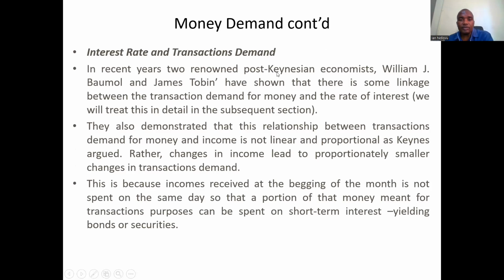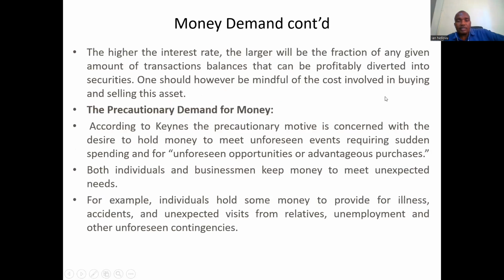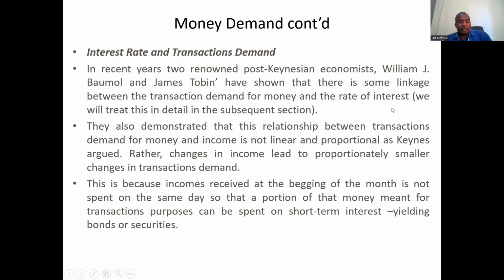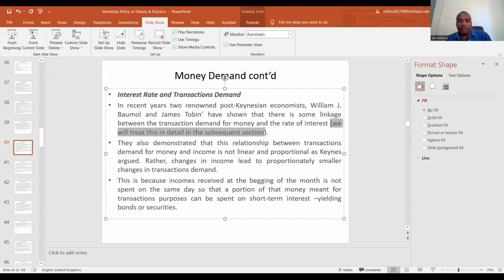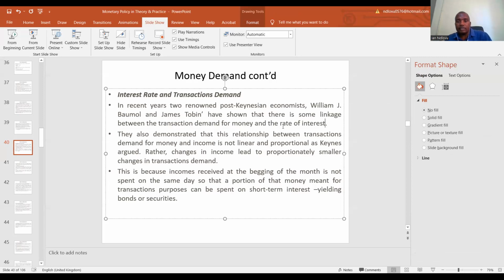But there are two renowned post-Keynesian economists, William J. Palmer and James Topping, who have shown that there is some linkage between transactions demand for money and the interest rate. So in other words, they critique it, even though they are post-Keynesians and they rely so much on Keynesian thinking.